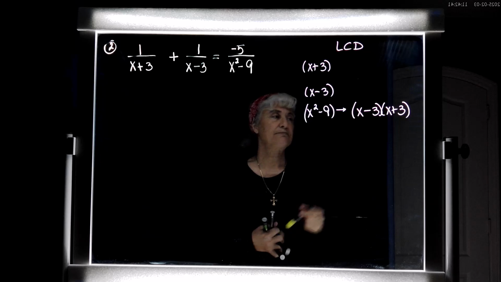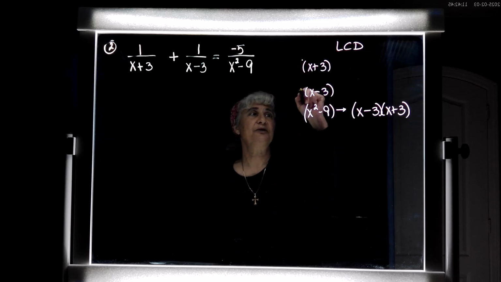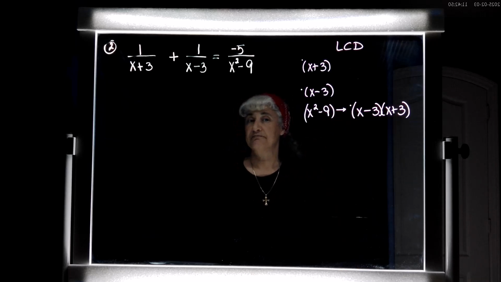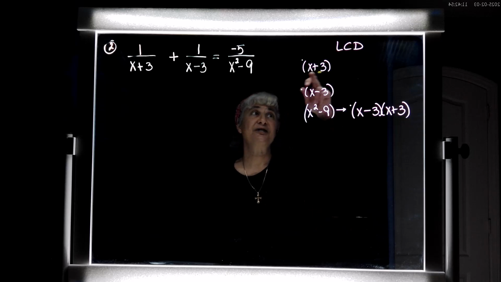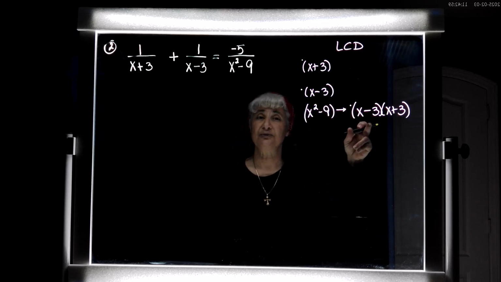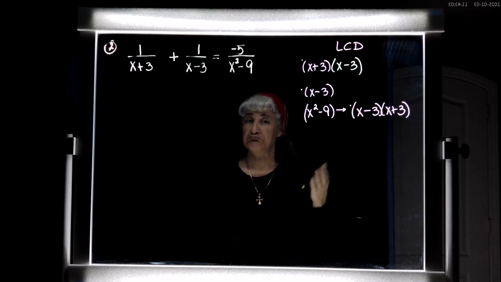Now, I need this first denominator, the second denominator, and this third denominator to all look the same. So my question is, the first denominator of x plus 3, what's it missing to look like the other two? Yeah, it's missing the parenthesis of x minus 3.